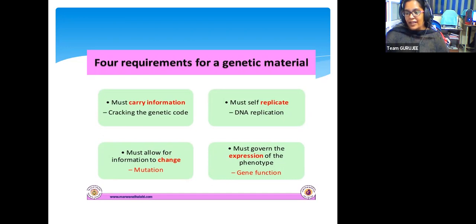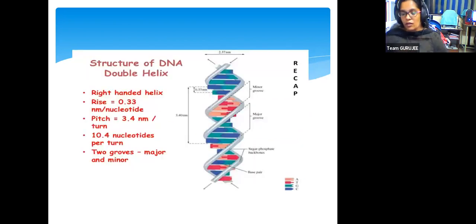They must replicate. And they have the property of mutation, then gene expression. This is the structure of DNA. It has major and minor grooves, and it has a sugar backbone.